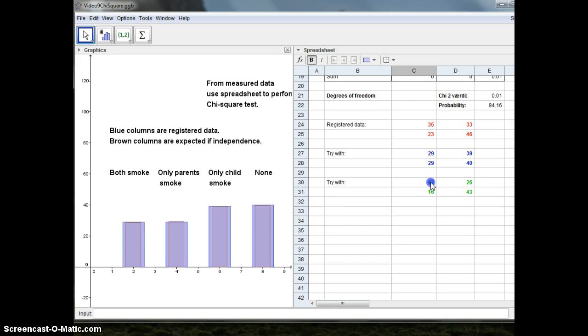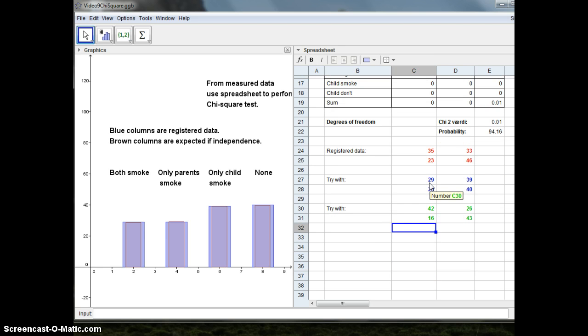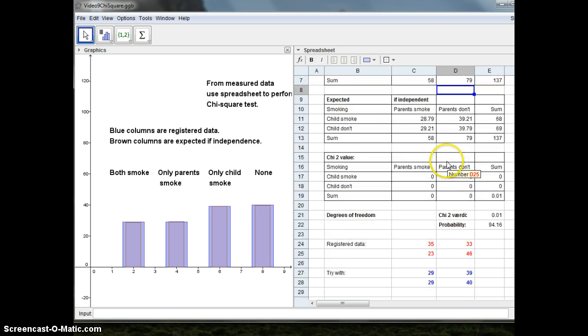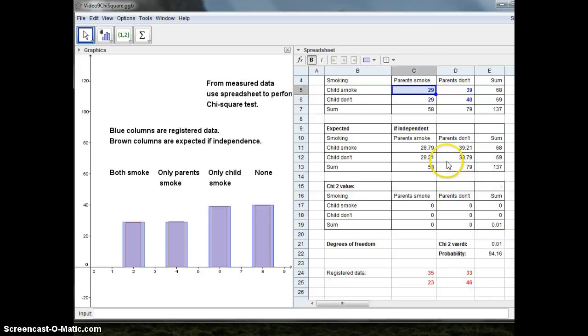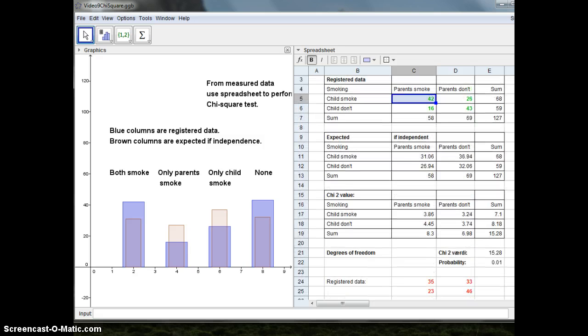And otherwise, these are very unlikely. I take these 4, copy them, move up and put them into the spreadsheet. And these are very, very unlikely. It's very unlikely this would happen.